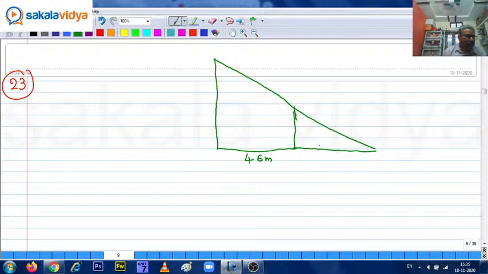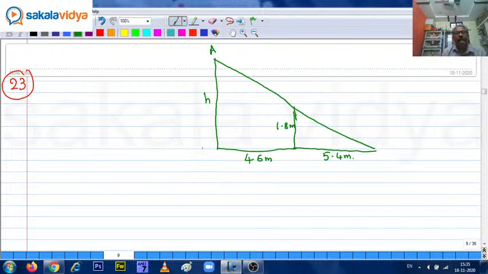This will be 5.4 meters. Her height is 1.8 meters. The height we do not know, it's the height of the lamp post. With the help of similar triangles we can do this problem, or trigonometry also we can do.